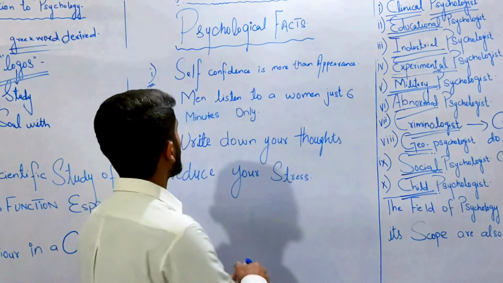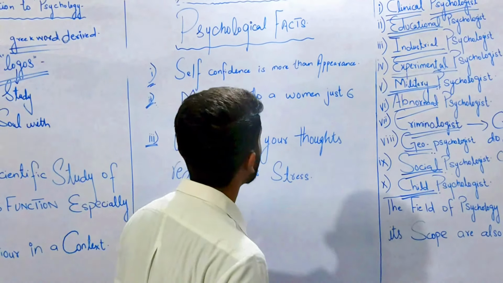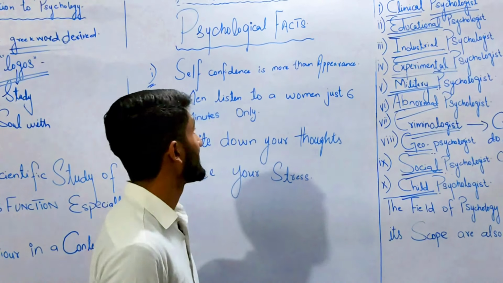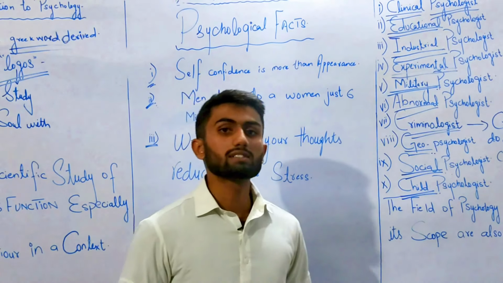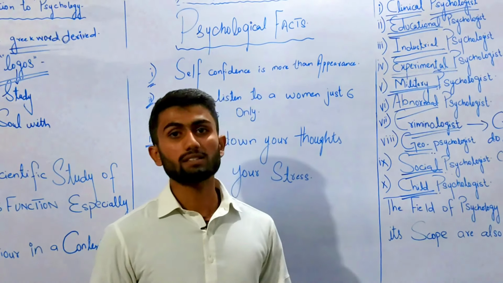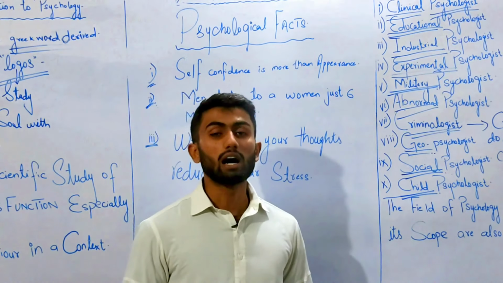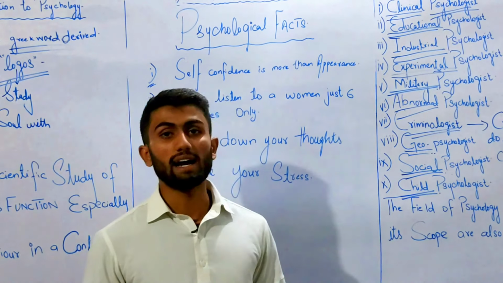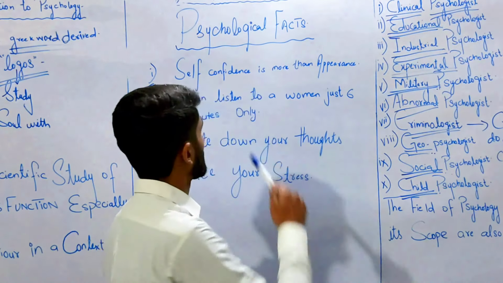So the first fact we have to discuss in this lecture is that self-confidence is more important than appearance. People's appearance is not sufficient to express their personality. Their confidence tells us how bold or how confident that person is. This is the meaning of the first psychological fact.